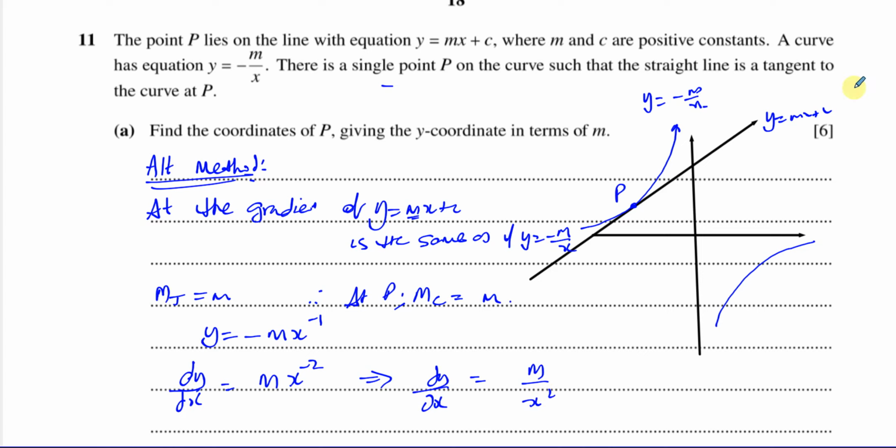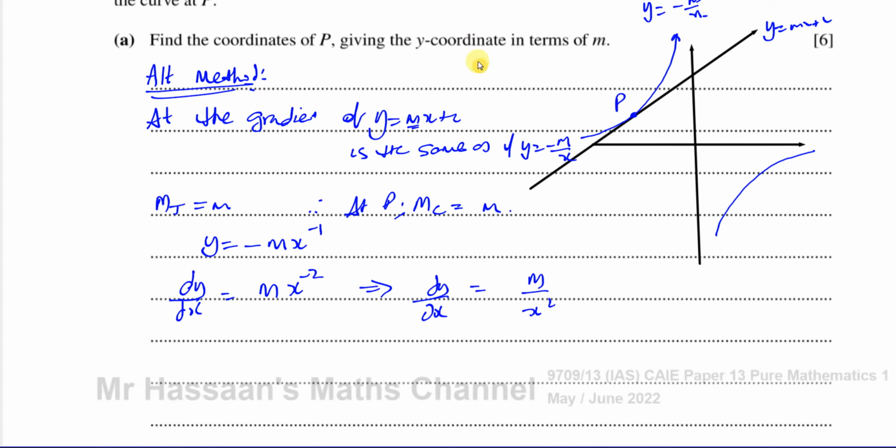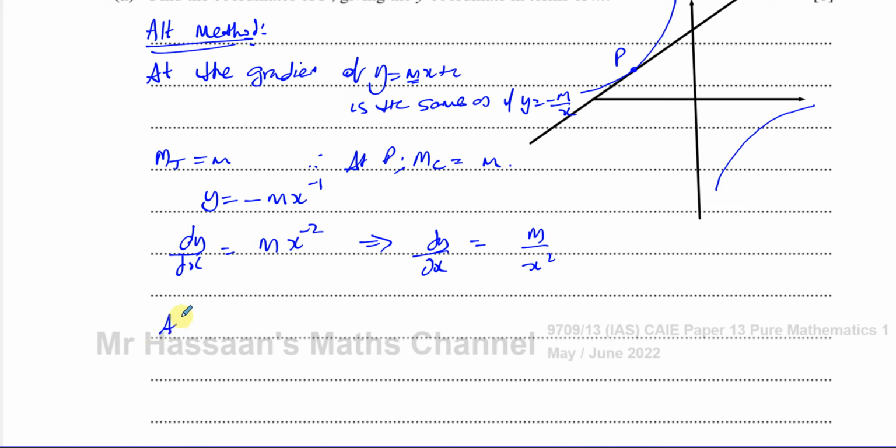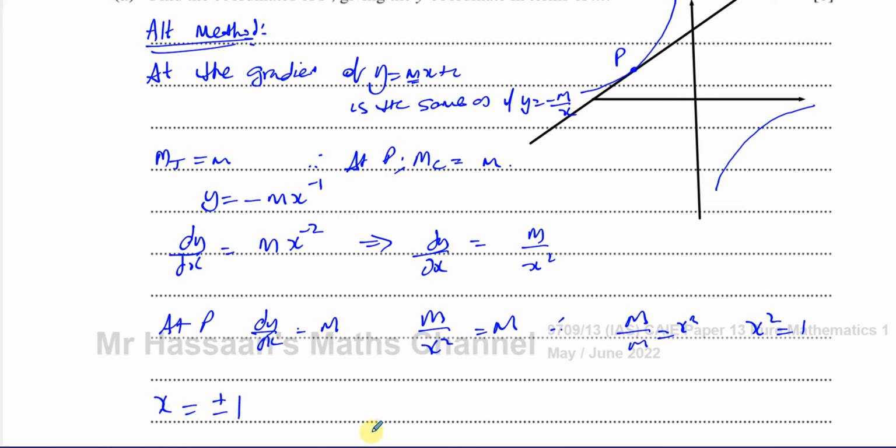And what we know is that at P, dy/dx is equal to m. So m over x squared is equal to m. Therefore, if you rearrange this, m over m equals x squared, so x squared equals 1. Take the square root of it, so x can be either positive or negative 1.